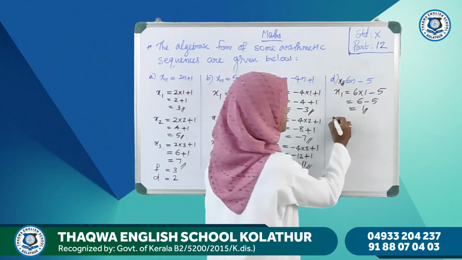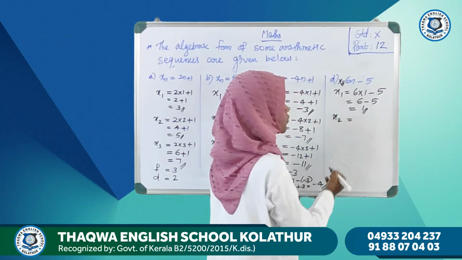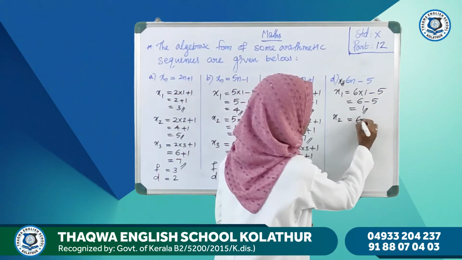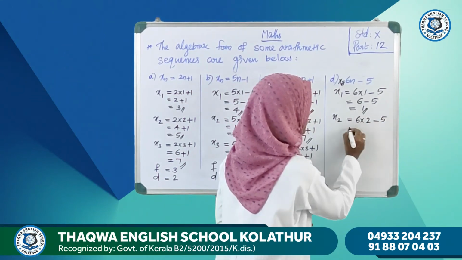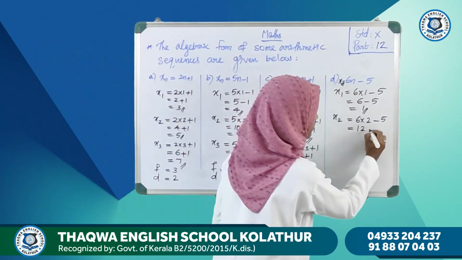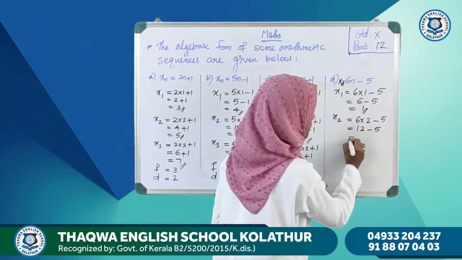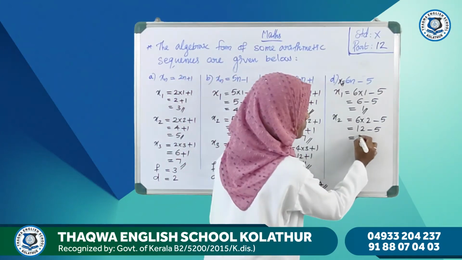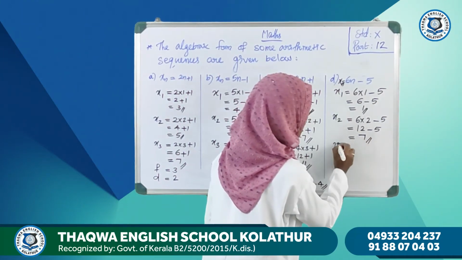Second term x2. Second term is 6 into 2 minus 5. 6 into 2 is 12. 12 minus 5. What is the value of 12 minus 5? 7.